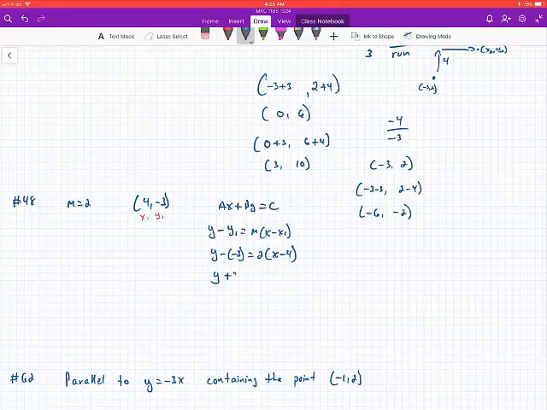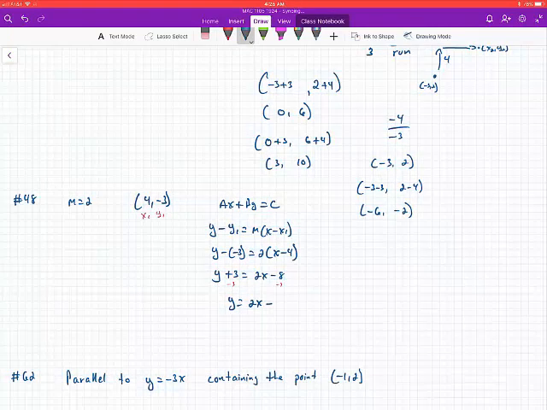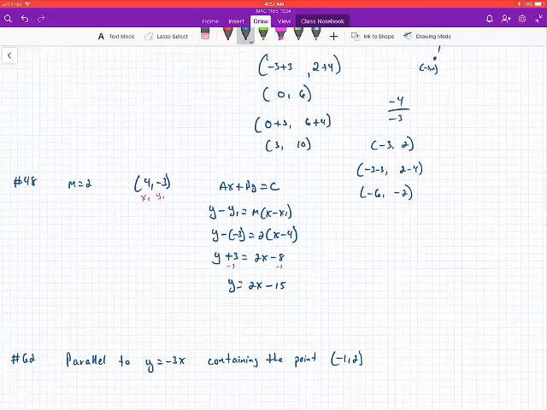So a negative and a negative is a positive, so it's y plus 3 is equal to 2x minus 8. And then, of course, I'm going to subtract the 3 from both sides. And y is equal to 2x minus 15. And so the equation that we got for number 48 is y is equal to 2x minus 15.